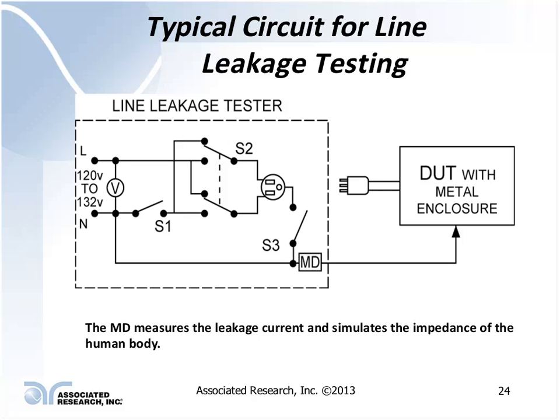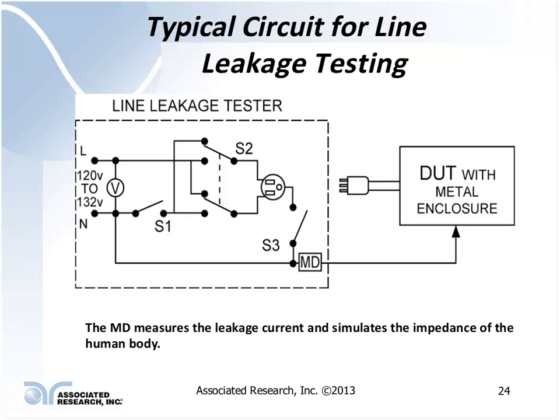The MD circuit over here stands for measuring device, and this simulates the impedance of the human body. My current meter is essentially across this measuring circuit. It utilizes this impedance network as its input and measures the voltage drop across that network, which in turn calculates how much current is flowing through this circuit.